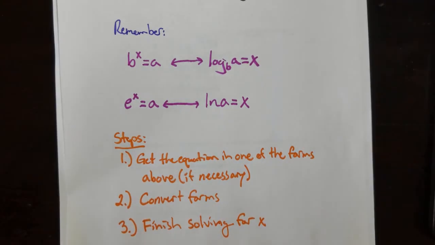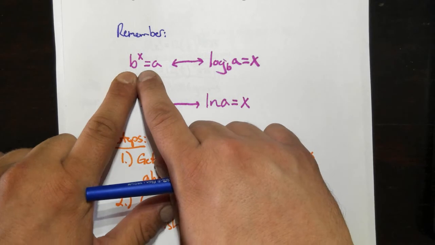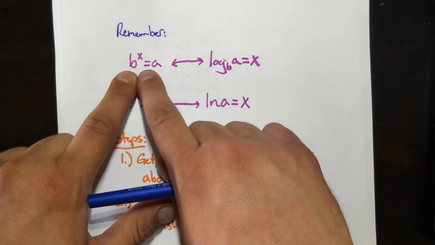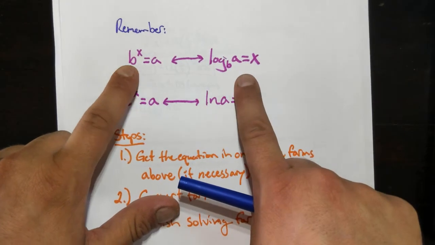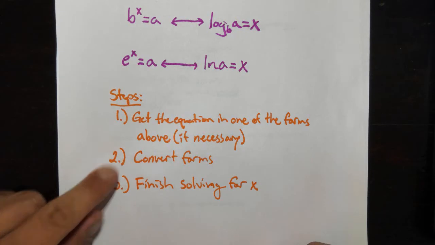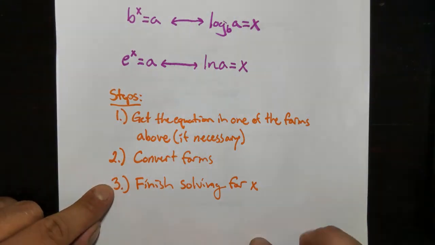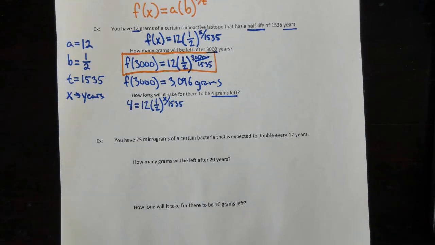And in these cases, it will be necessary. So we're in exponential form, so we want to get the base by itself, right? Because before we convert to a different form, we need the base by itself. And then step 2, we convert forms. And step 3, finish solving for x. So we're going to go through those same 3 steps here. It's not going to be any different.